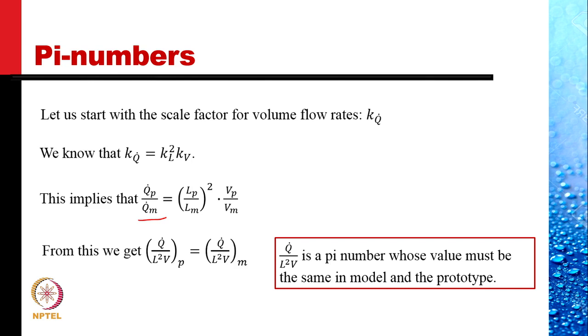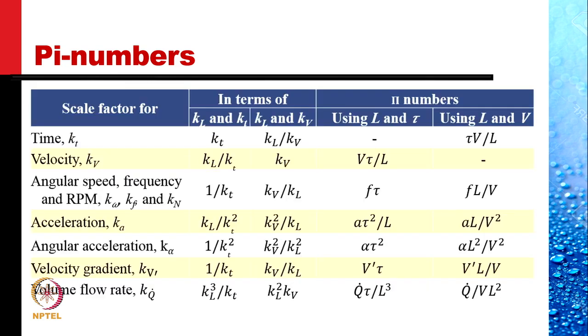This may be used as a modeling rule if all the three quantities Q dot, L and V are independent, but if one of them is a dependent, this would be the prediction rule. We'll come to this a little later. So, after obtaining the scale factors that we did earlier, and these are contained in these two columns, we convert them into pi numbers.